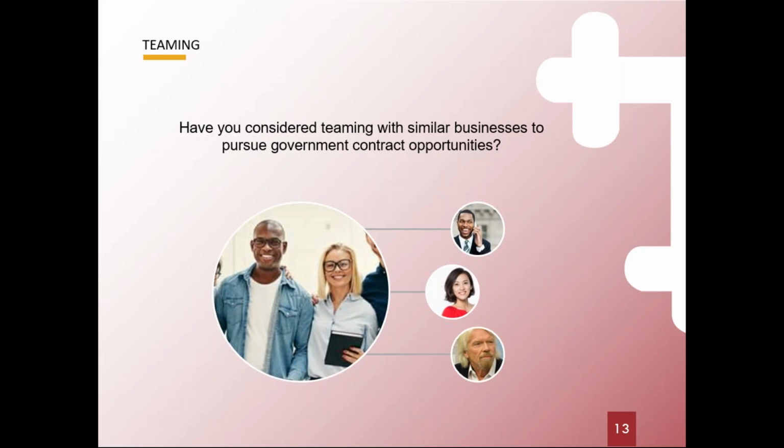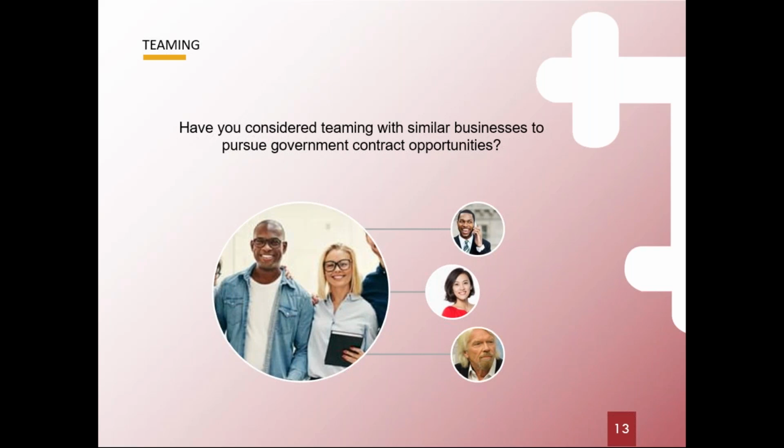So a teaming agreement allows a small business to maintain their small business size standard while obtaining subcontracting assistance from the small business. Unlike joint ventures, teaming agreement members will not be presumed to be affiliated with each other.